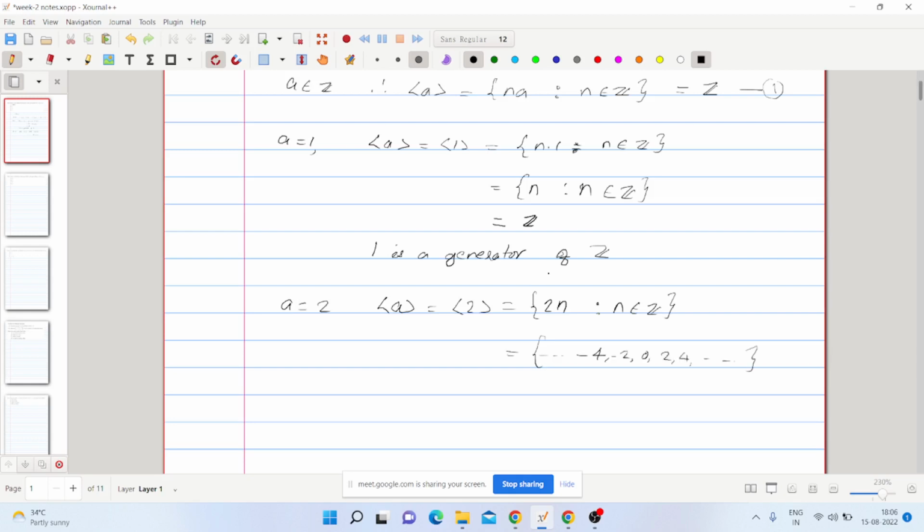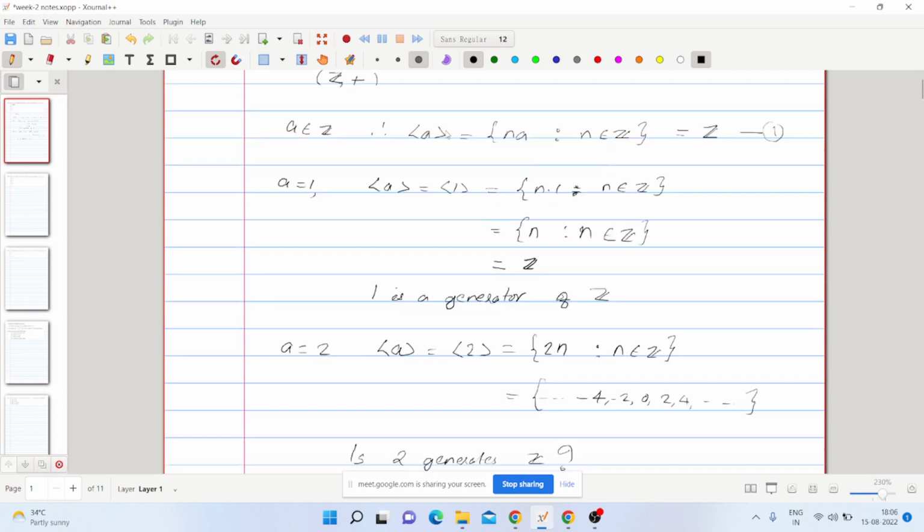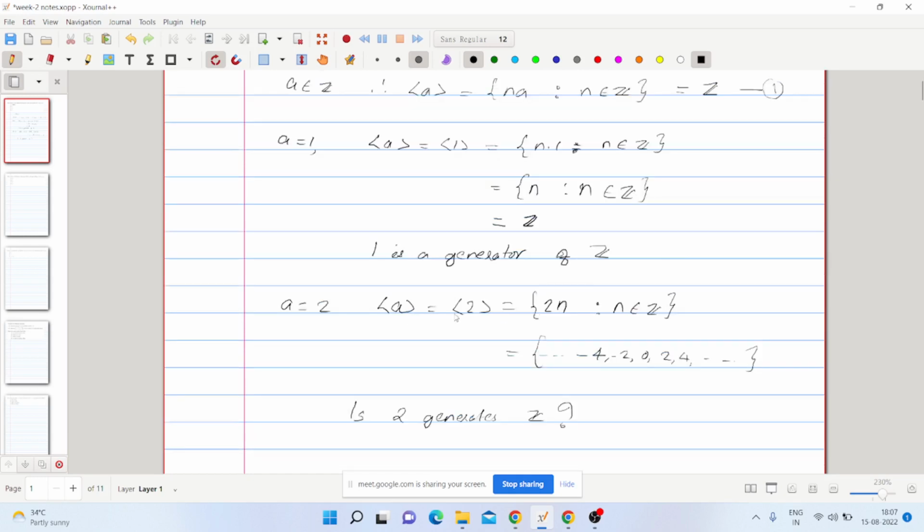So can we say 2 is a generator of Z? Does 2 generate Z? Why not? An element a generates Z means that if we write the set of all na, then this set should be equal to Z. Here we are finding the subgroup generated by 2.